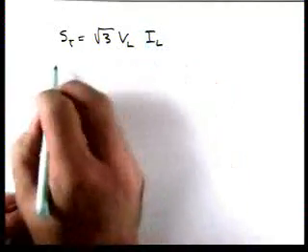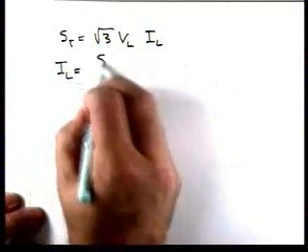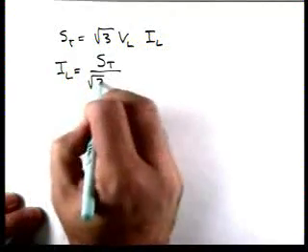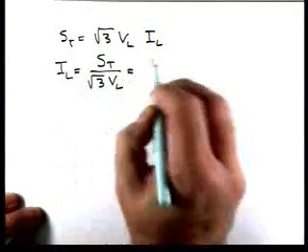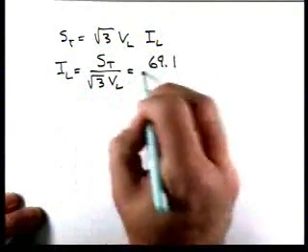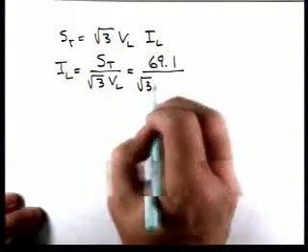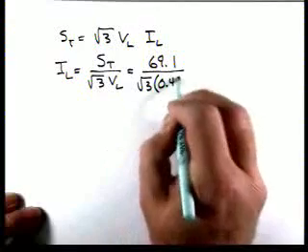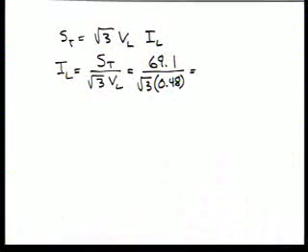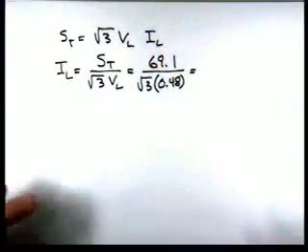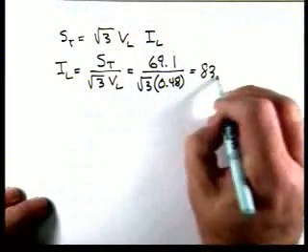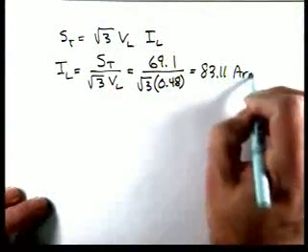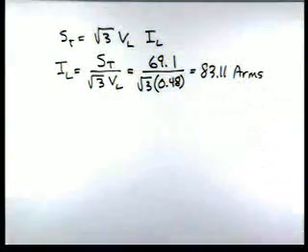So if we solve for I_L, we'd have S sub T divided by the square root of 3 times V_L. So we have 69.1, that's in kVA, divided by the square root of 3. I'm going to convert this voltage to kV, so I'm going to make it 0.48 kV. That gives us 83.11 amps RMS.